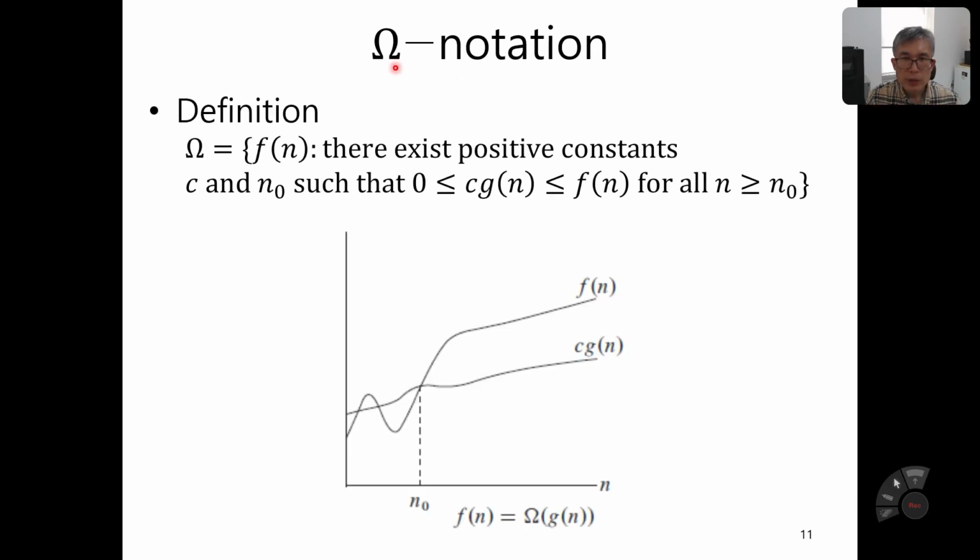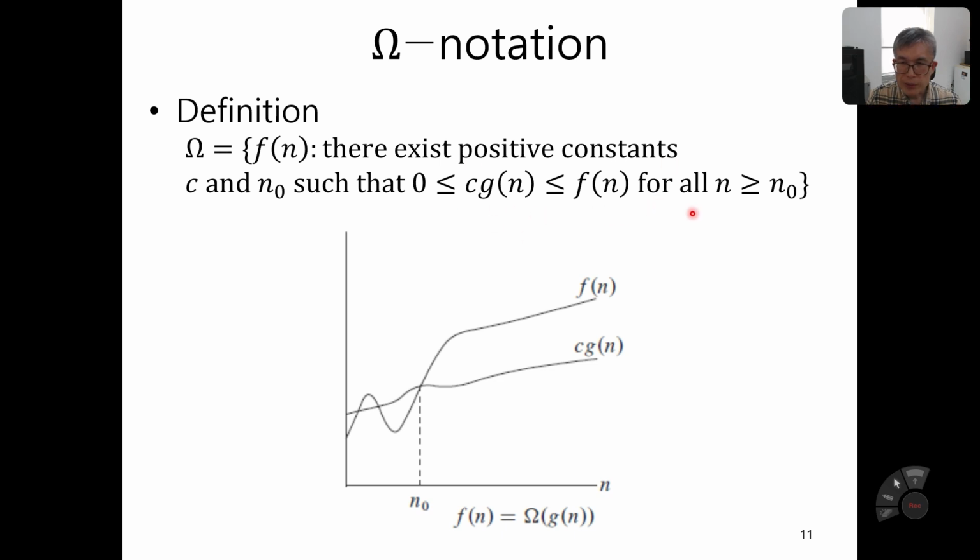Let's take a look at big omega notation. Big omega is a set of functions f(n) for which there exist a positive constant c and n0 such that c·g(n) is a lower bound for f(n).